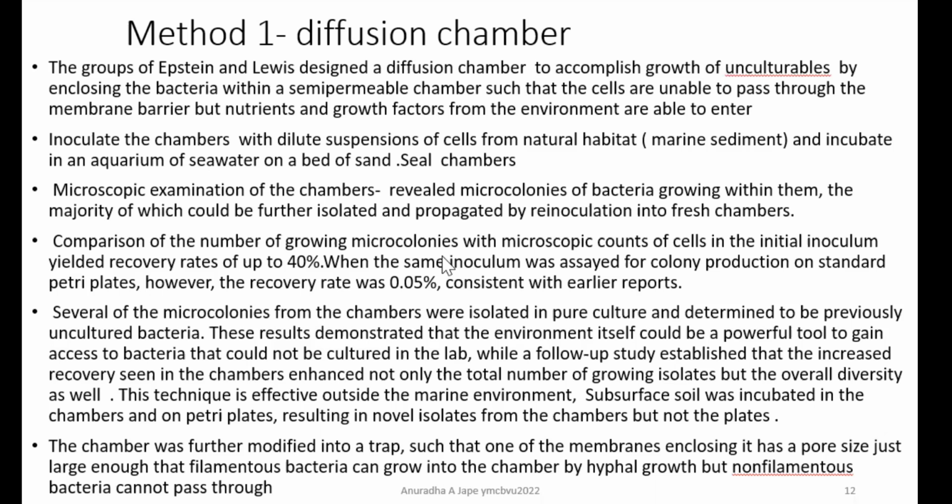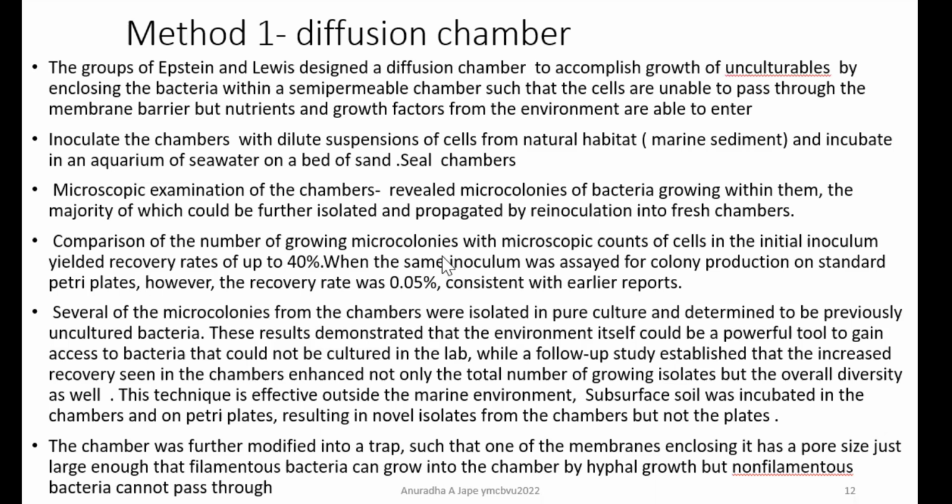So the chambers are inoculated with dilute suspensions of cells from a natural habitat, maybe marine sediment or sediment from some freshwater body, whatever your target ecosystem is, right?